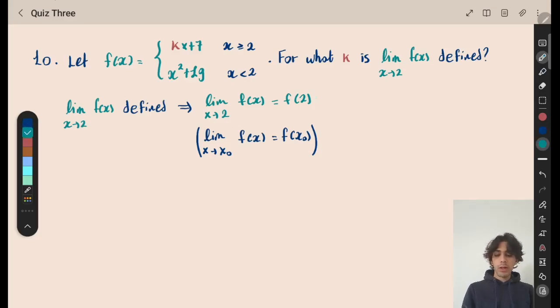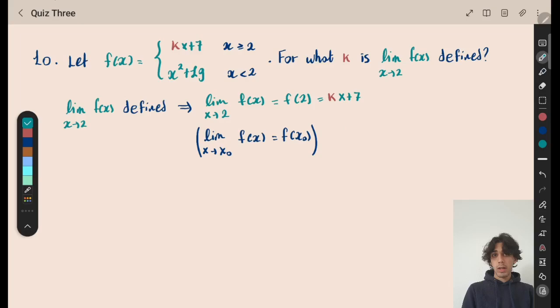Okay, but what is f of 2? That's a really good question to ask. Well, in this case, if x is equal to 2, then f of 2 should be equal to kx plus 7.